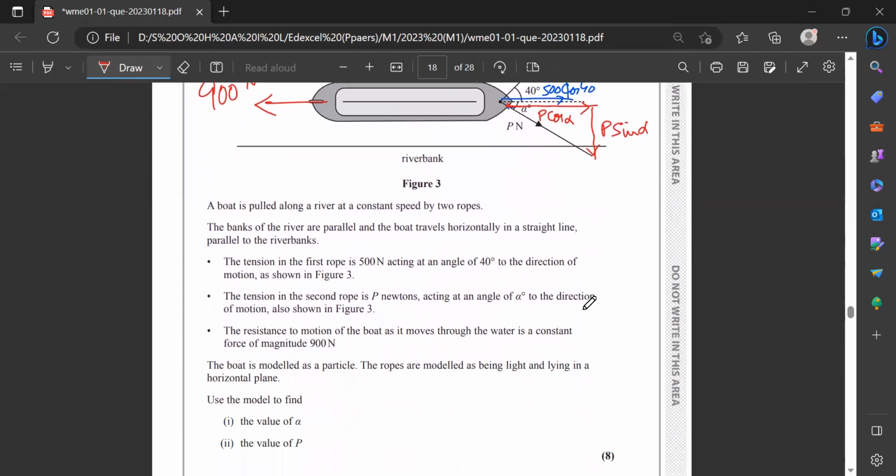Find the value of alpha and the value of P. After resolving the components, the important point mentioned here is constant speed, which means acceleration is zero. If you apply F equals ma, the net force is equal to zero, or you can say the rightward force is equal to the leftward force.